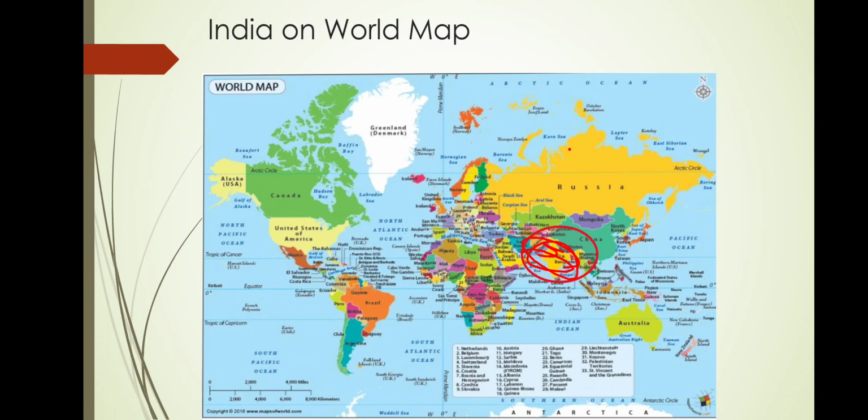India is a southward extension of the Asian continent. You can see India is on the southern part of Asia. The trans-Indian Ocean routes which connect the countries of Europe in the west and the countries of East Asia provide a strategic central location to India.